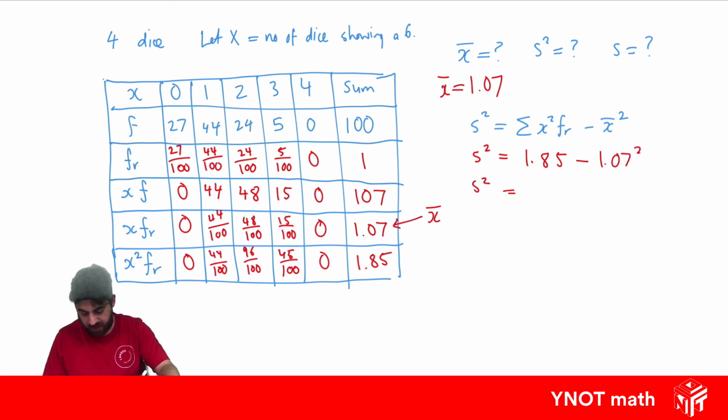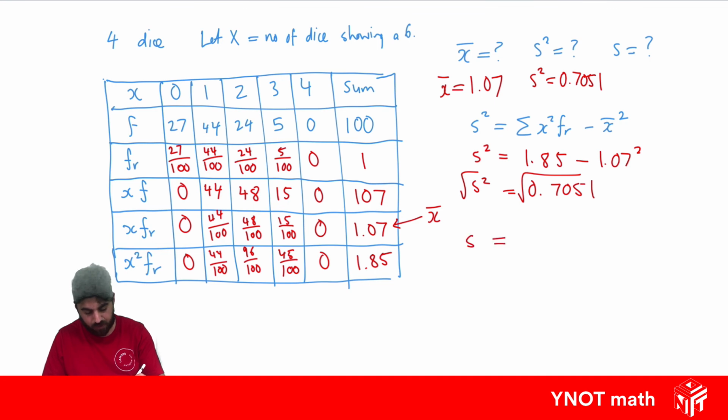So we get a sample variance of 0.7051. That's our sample variance. Then finally, to get our standard deviation, we just need to square root both sides. So our standard deviation is just the square root of 0.7051, which gets us 0.84 for our standard deviation.